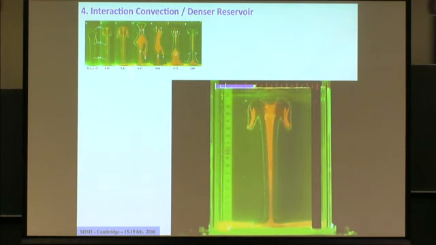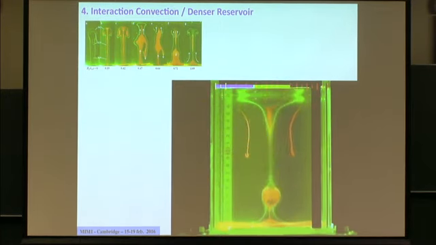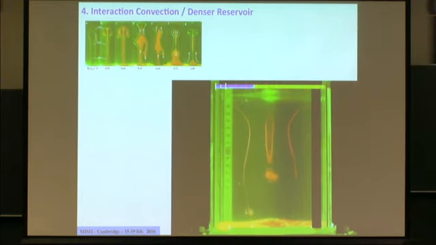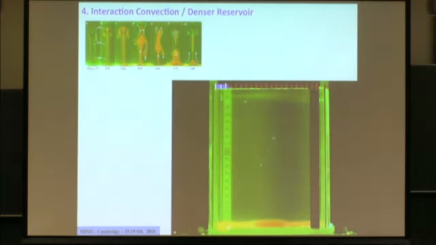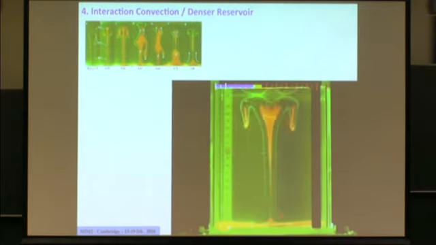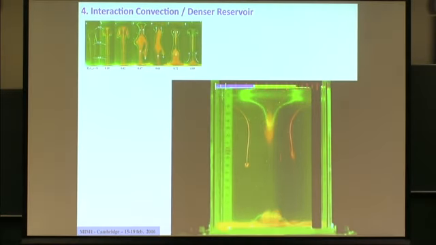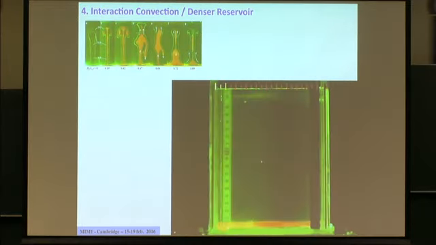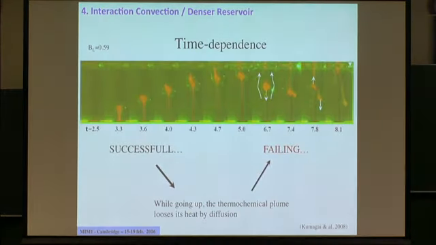Now, for the case of buoyancy ratio 0.4, going back. First of all, I heat my system. I have a plume. But you see that at some point, as the plume is rising, it's losing its heat by conduction, so that the denser orange fluid, that is chemically denser, at first rises because it was hot enough to be buoyant, but it reached a level where it has lost part of its thermal buoyancy.